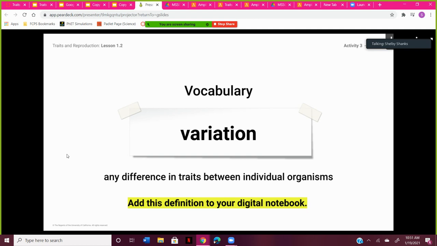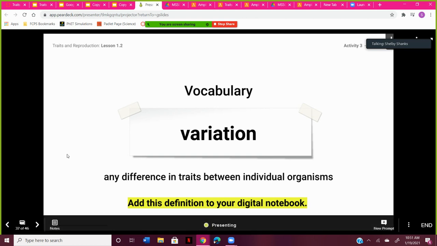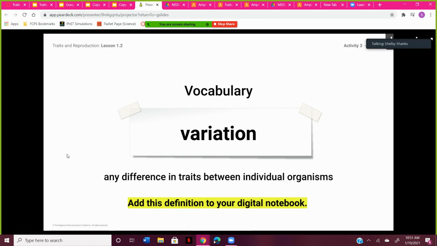So an example, when we were looking at the family tree of the bark spiders, the differences were between their silks. Some of the offspring had medium silk, some of them had high silk, some of them had low silk. So that's what they're talking about when they're talking about variation.